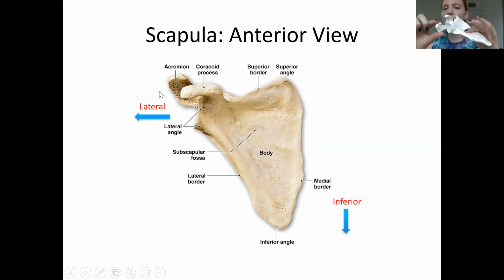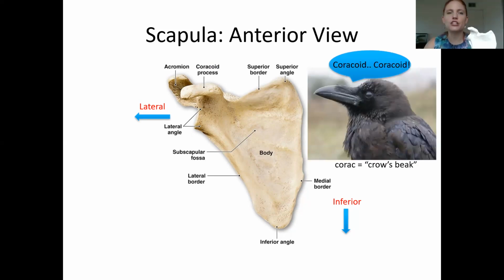Okay, so the broad, flat one, that's the acromion. And then next to it, we have a sharper one. This one right here is called the coracoid process. Corac means crow's beak, and that's where the name comes from, because it looks like a little crow's beak. Go peck, peck, peck.